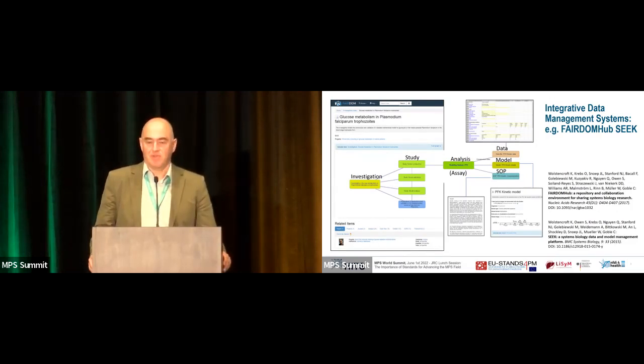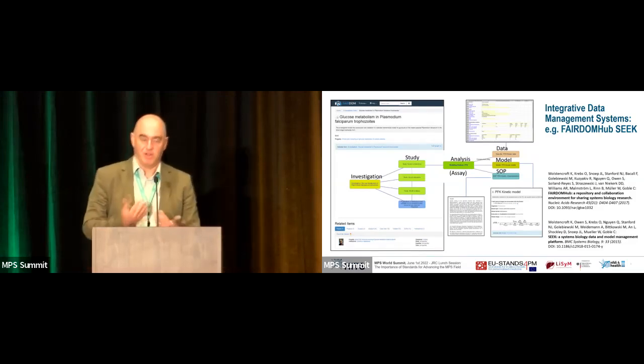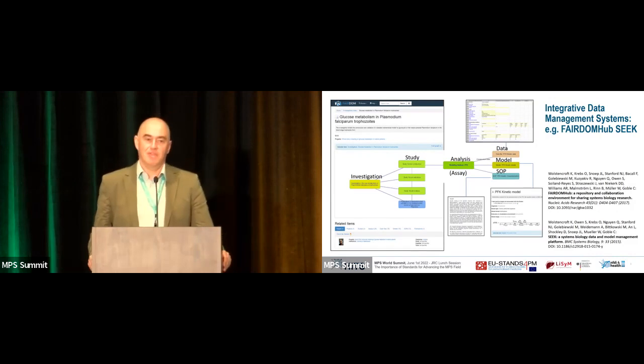And the structuring is also done in a way that the data that belongs to other data can be found together. So you can structure data from assays that belong together or that were done based on the same material into studies, and several studies can be grouped into investigations.